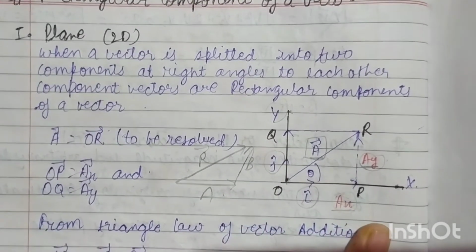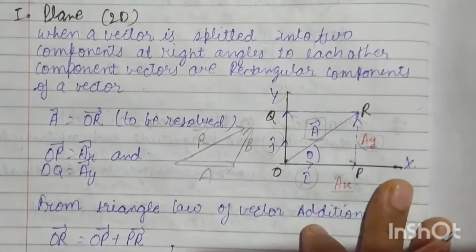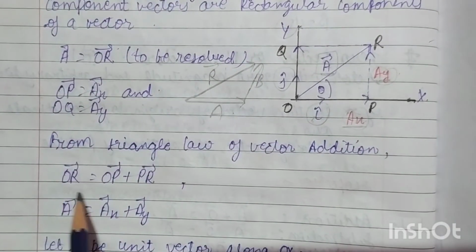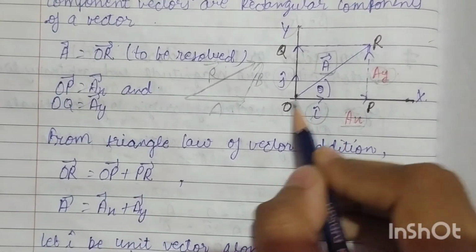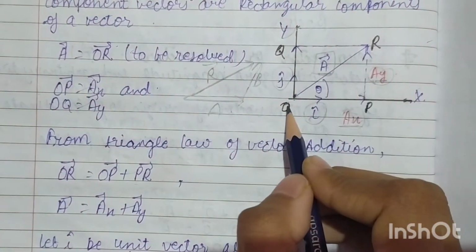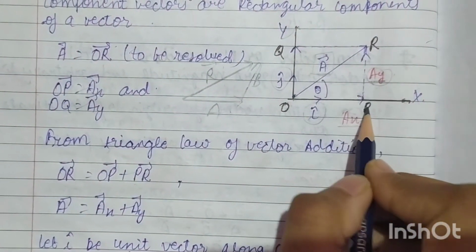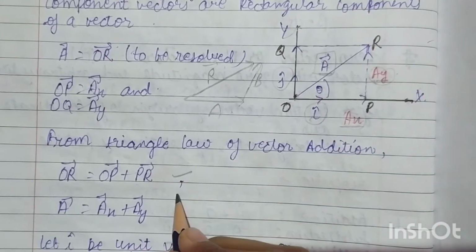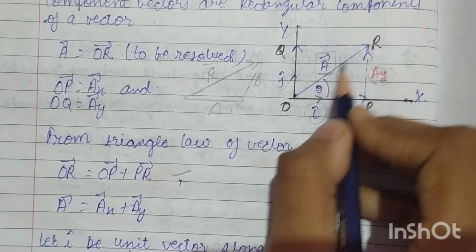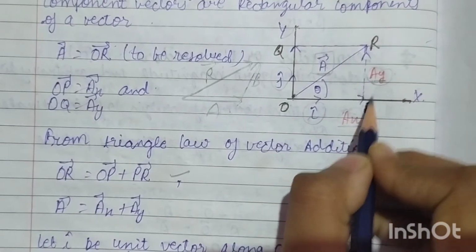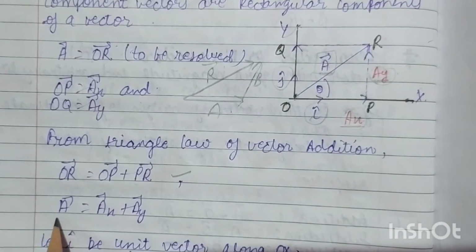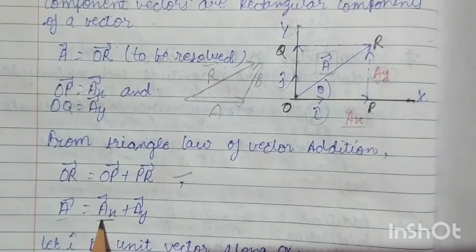So how can we write this vector OR? OR we can write as OP plus PR, by vector addition. We already know OR is vector A, and OP we have considered as vector ax.